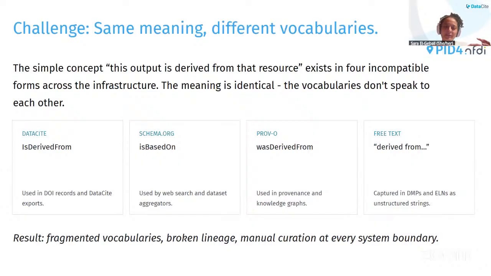Because if you think about it, PID metadata rarely sits in one place. It moves throughout the research life cycle, and then ends up being harvested downstream, ending up in repositories or portals or knowledge graphs, or reused in entirely different systems at the end.